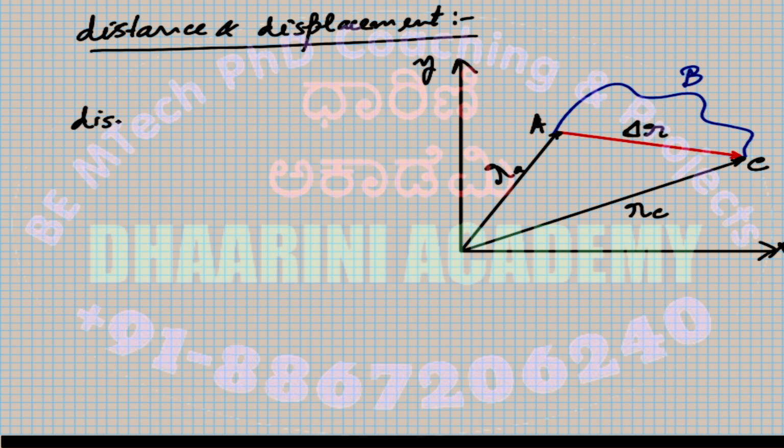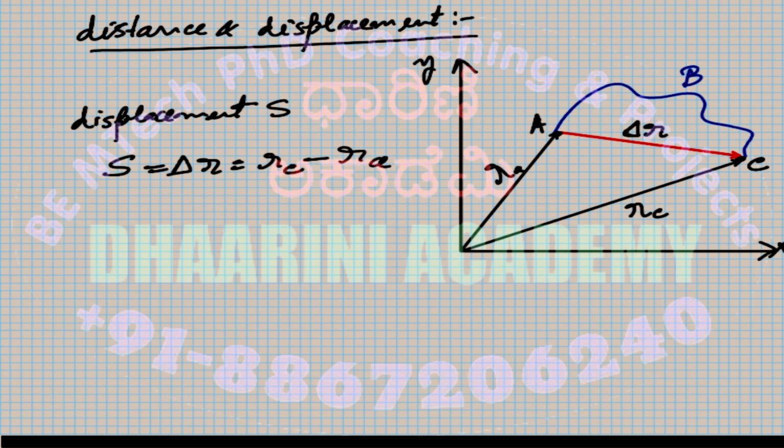Displacement is a vector quantity. Displacement is S. So S can be calculated as delta R itself, which is nothing but RC, the destination's position vector, minus the source from where it started.